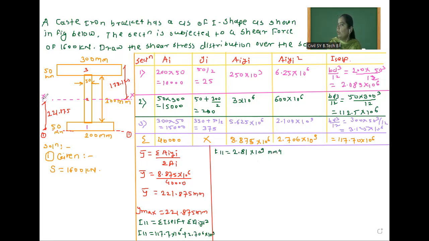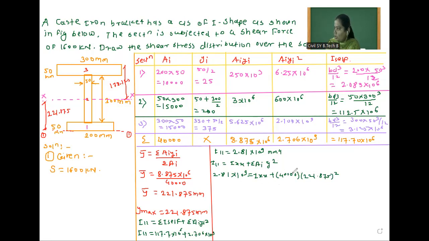After that, we have to calculate moment of inertia about this x-axis. So I11 is equal to Ixx plus summation of AI into y bar square. I11 we have already calculated, 2.81 into 10 raised to 9, which is equal to Ixx as it is, plus summation of AI, 40,000, and y bar already calculated, 221.875 square.